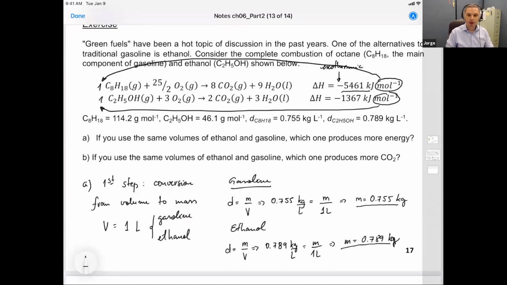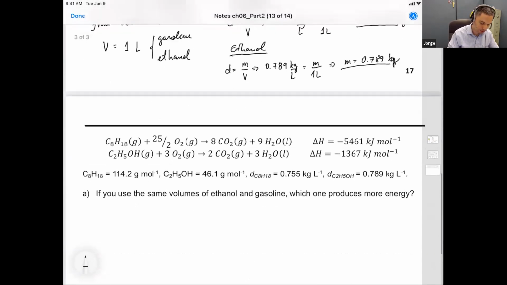Okay. So I'm getting the mass because I need the mass to know the amount of moles, and then I can correlate with the equation. So that's the mindset here. Now that we know the mass of gasoline and the mass of ethanol, let's convert the mass into number of moles.